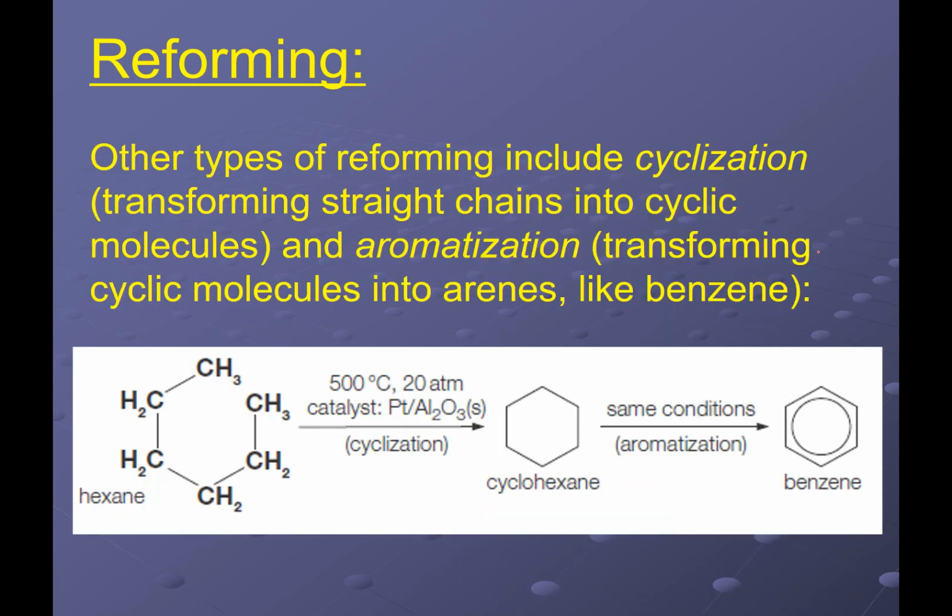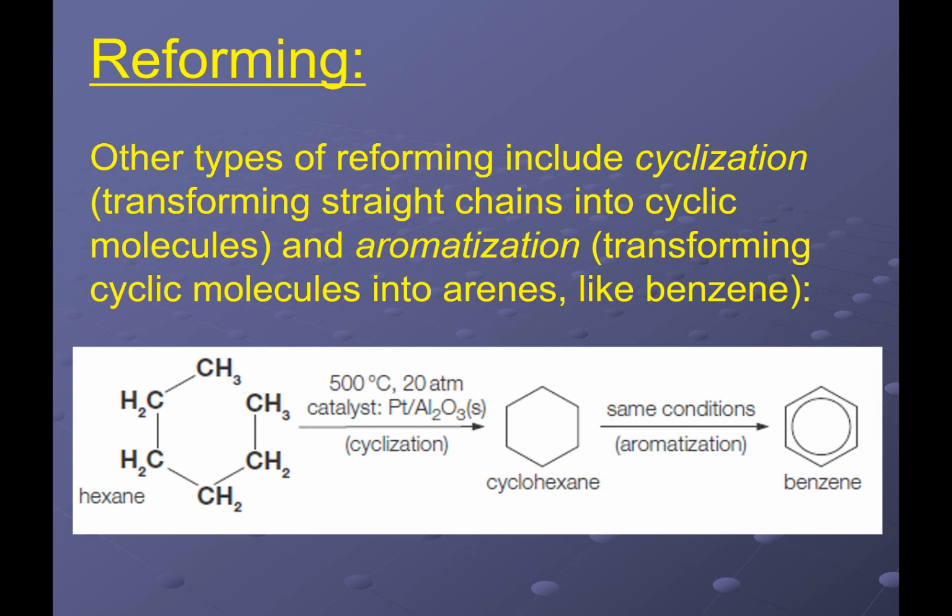Some more specific types of reforming here. That was forming structural isomers. I can do a type of reforming called cyclization, which is basically taking something that's straight and forming cyclic molecules. Remember, when I form a ring, I end up having to ditch 2 hydrogens so I can connect the ends. So they're no longer structural isomers, but I do end up forming a ring. This one is also catalyzed by our zeolite, our aluminum oxide, in this case with platinum as well, under high temperatures and higher pressures.